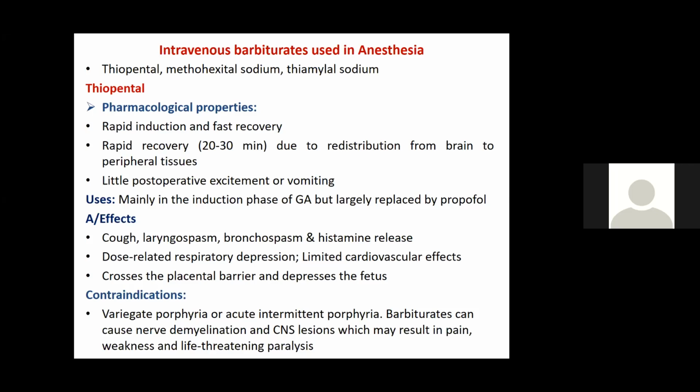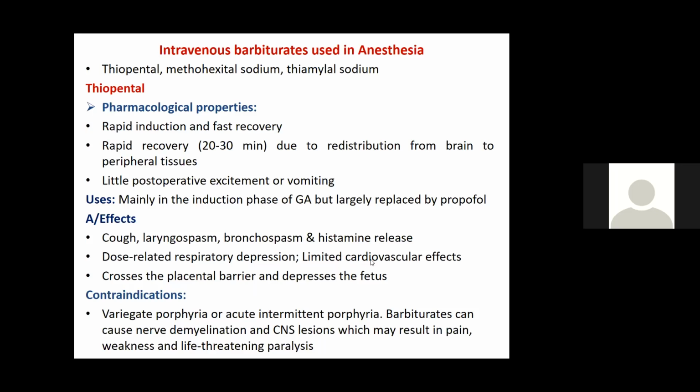So the release of histamine, and we will go to propofol. I was asking that question because somebody had asked a question about propofol earlier. The release of histamine may lower the blood pressure and may cause hypotension. The other issue is respiratory depression.